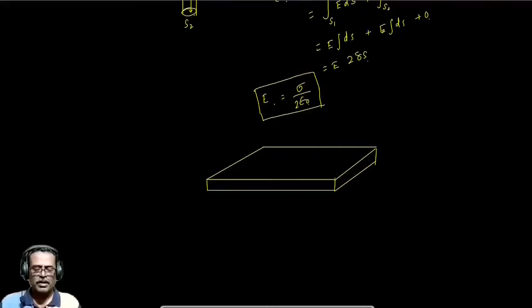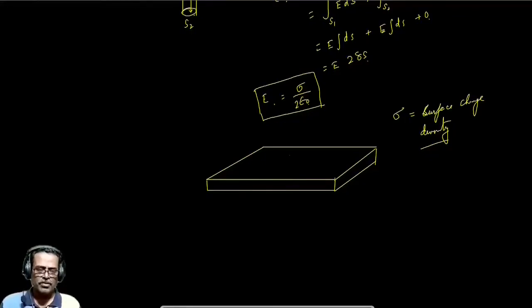We know that in a metallic sheet there is no charge inside the metal, all charges come out at the surface, and sigma is the surface charge density. Now the charge at the top surface will emit field lines in the upward direction, and charge at the bottom will emit field lines in the downward direction.